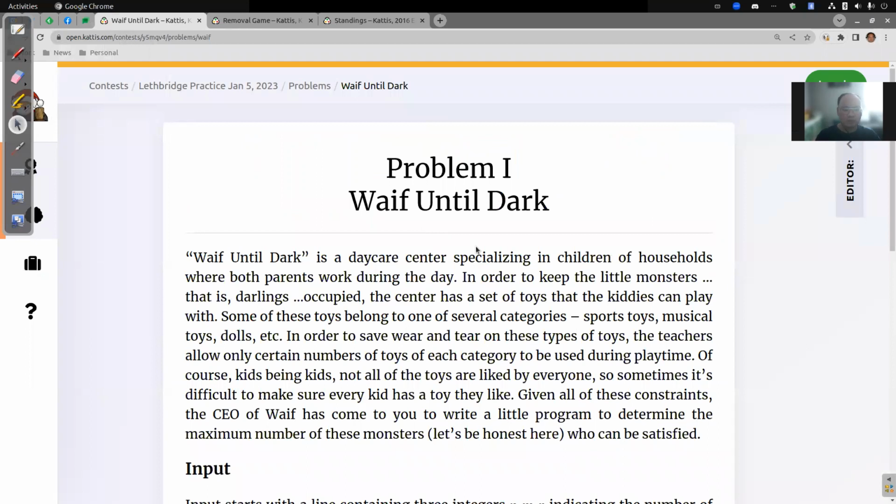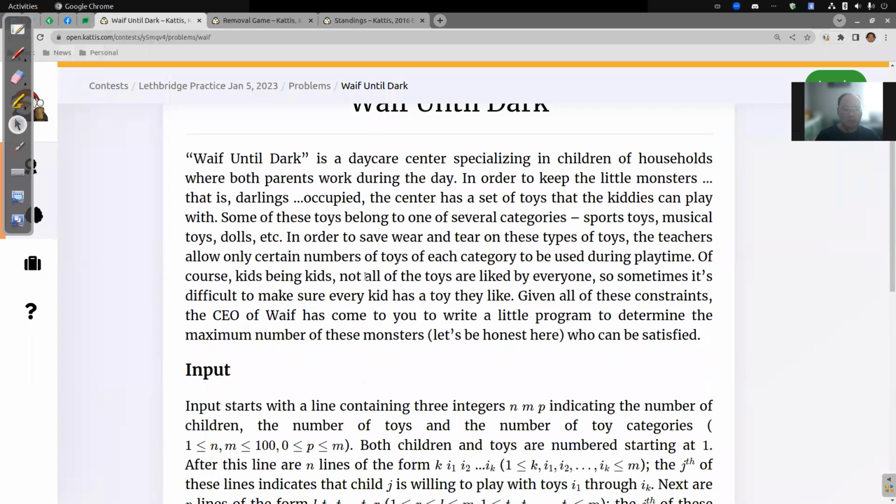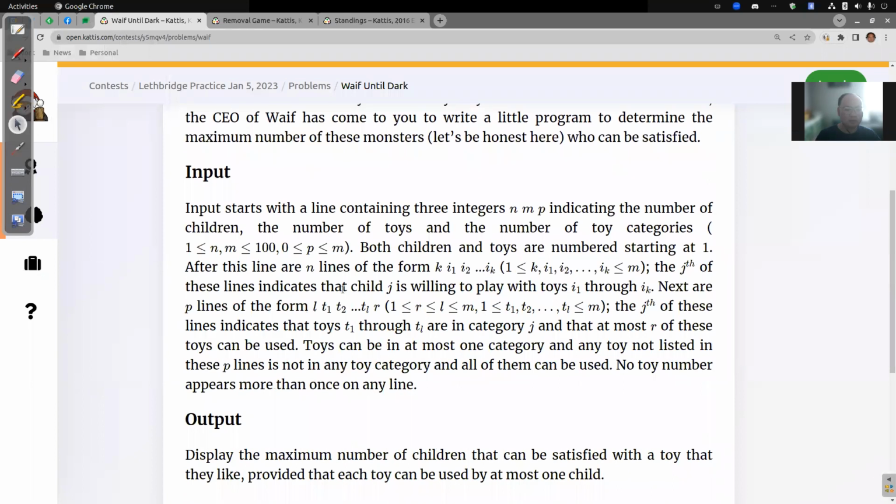Again, I'm not going to read through the problem statement, but I'll just quickly outline what this is about. So you have a bunch of kids, and there are at most n of them, up to 100.